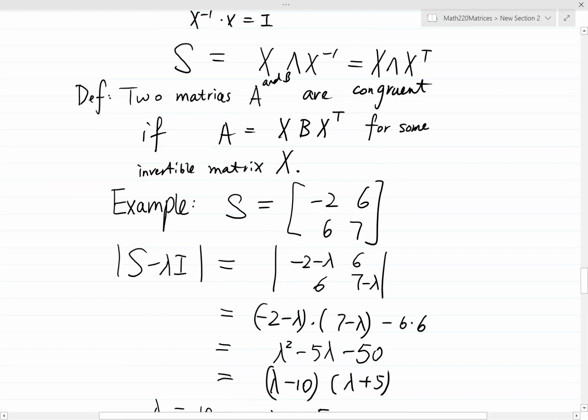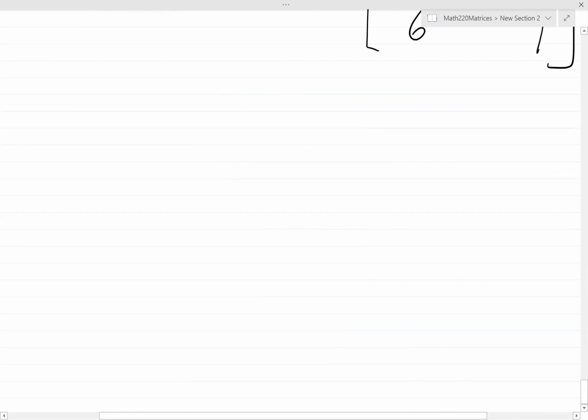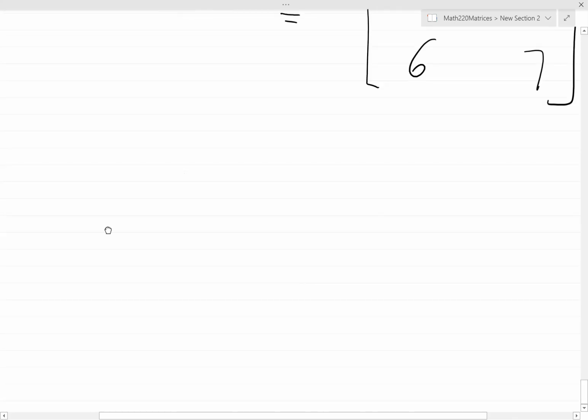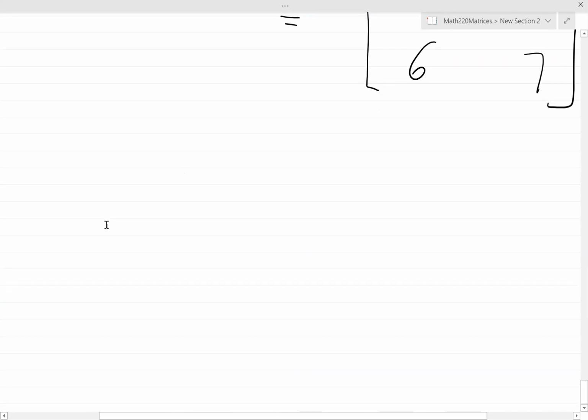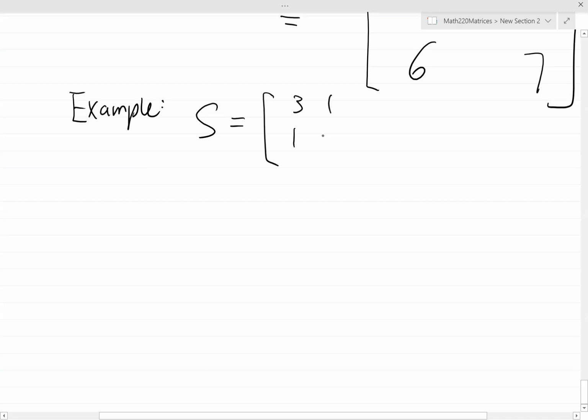More examples maybe. Okay, let's see this example. Let S be this matrix, 3, 1, 1, 3.